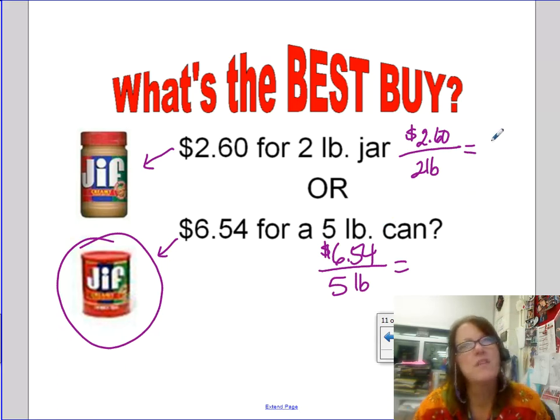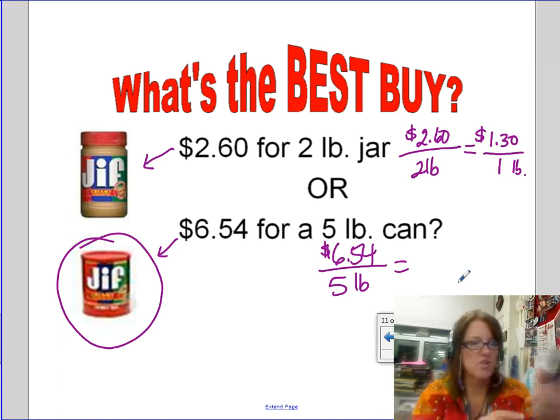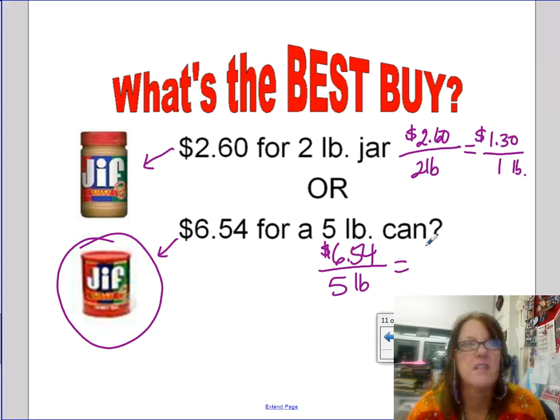Let's see. This one, you get 1.30 exactly over 1, so it's $1.30 for every pound. When you do this one, grab your calculator, punch in 6.54, divide it by 5, and you get 1.308.